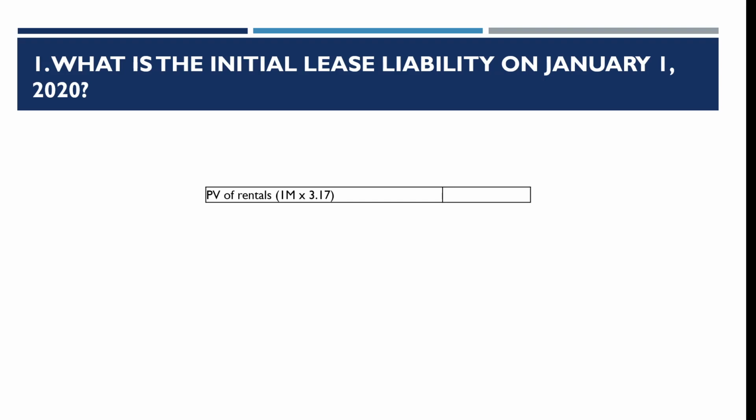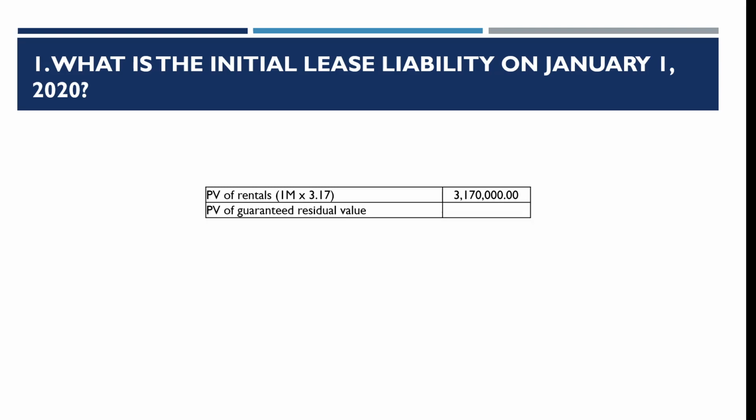Magkano yun? Yung annual rentals natin? 1 million. What is the payment term? Is it in advance or at the end of each period? Answer, at the end of each period. Kaya, gagamitan nyo siya ng present value ordinary annuity. Okay? So, 1 million times 3.17, we have 3,170,000.